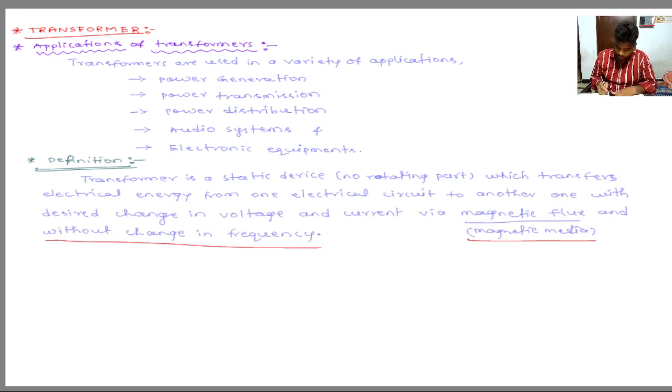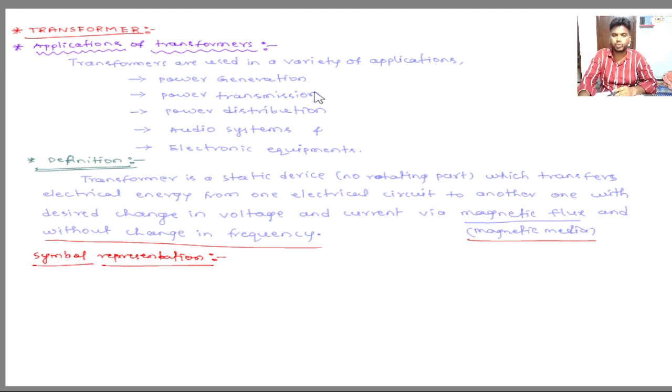Next, draw the symbol of a transformer. Symbol representation of transformer. Generally, a transformer consists of two windings, and in between the two windings there is a magnetic coupling.